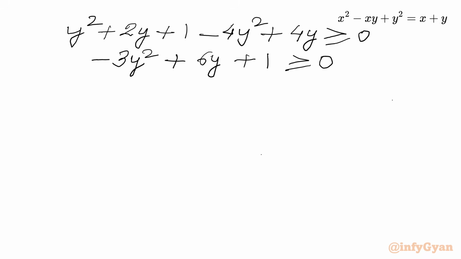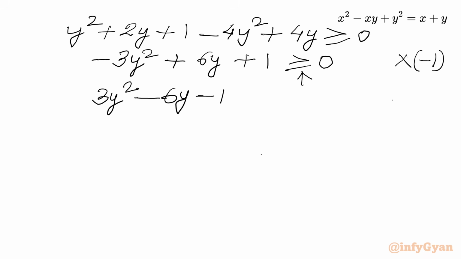Now this is one quadratic inequality whose leading coefficient is negative. So I will multiply this whole inequality by negative 1, so our inequality will get reversed. We will write 3y square minus 6y minus 1 should be less than or equal to 0. Now we have to find the boundary condition on y.